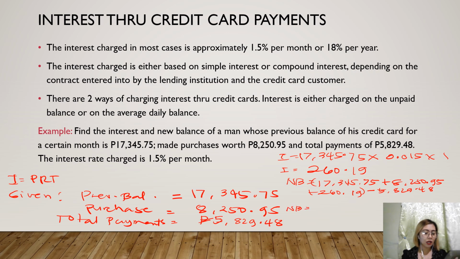So, using the calculator, 17,345.75 plus 8,250.95 plus 260.19 minus yung binayad natin na 5,829.48.